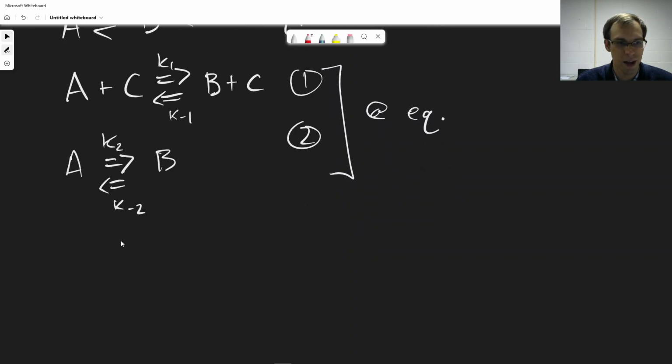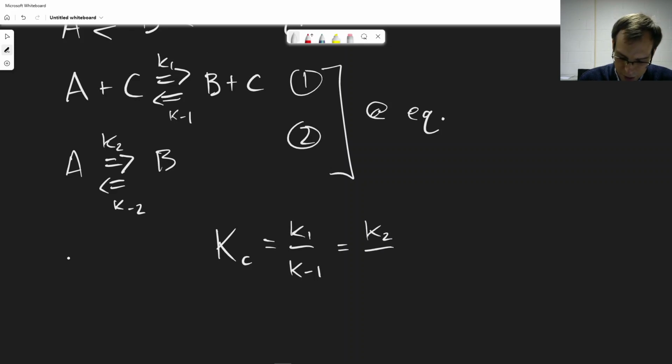And what we'll see is, I'm skipping some steps here, but we can use the same sort of analysis we used in the previous question to get the fact that Kc will be equal to K1 over K minus 1, or it'll be equal to K2 over K minus 2. Right, both of these will be true.